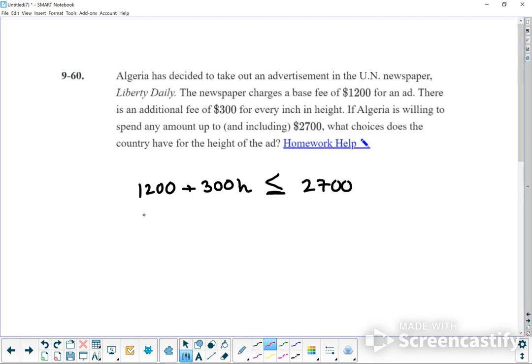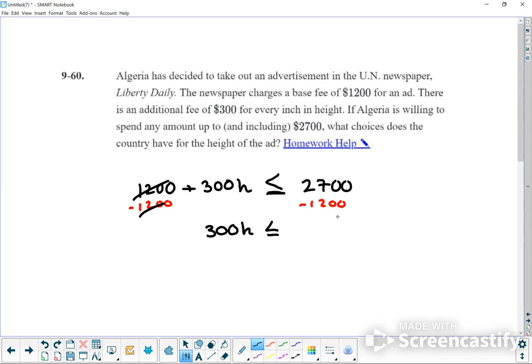To do this one, we're going to subtract 1,200. Doing the math, we have 300 times height. 12 to 27, right?